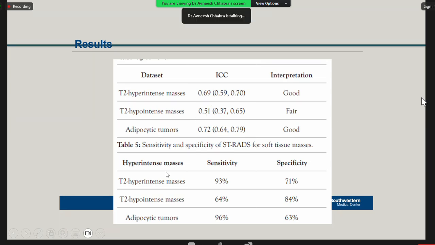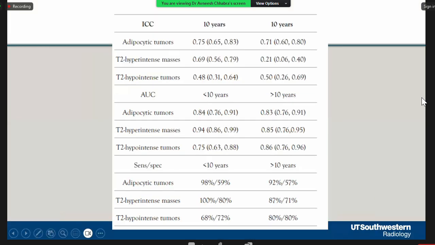And in the hyperintense masses, if you look at their sensitivity and specificity, they were quite good. Here the fatty tumor was almost 96%, 93%, and specificities were also not bad. So these are higher than what you have for qualitative diagnosis, which is barely 50 to 60%. And these were cases not from a single center, but 3 different centers.